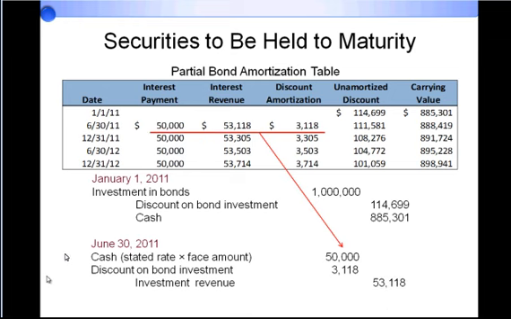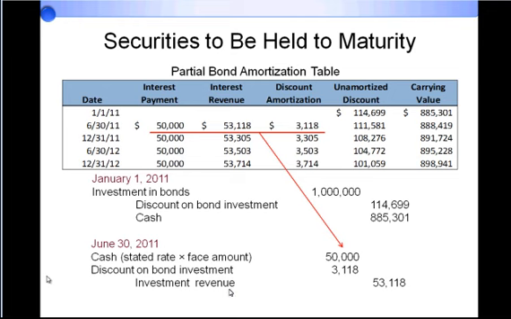On June 30th, when we get the first payment, we debit cash for the actual interest we've received. That's always going to be $50,000. That's just going to be the flat $1 million times the 5% interest rate for that period. So it's going to be $50,000, and we know that we're going to have investment revenue. That's the flip side of interest expense.